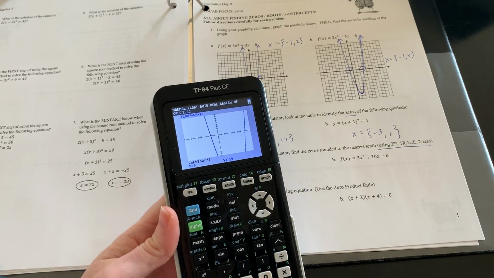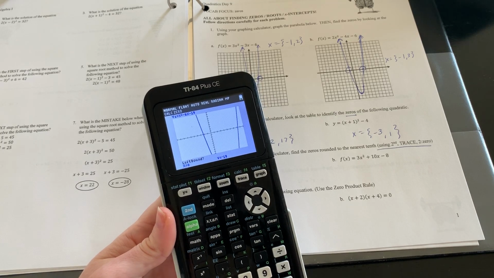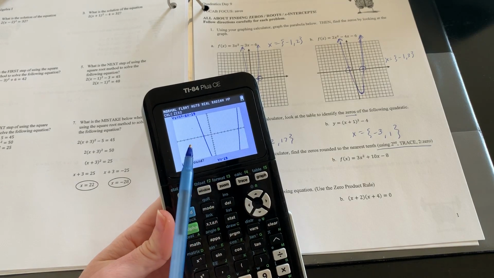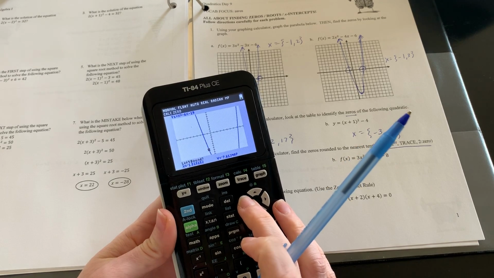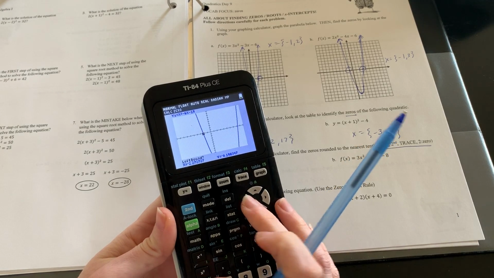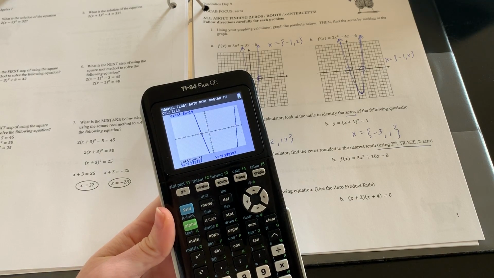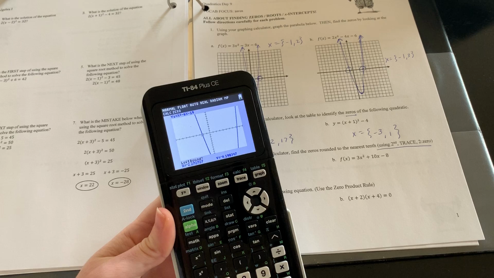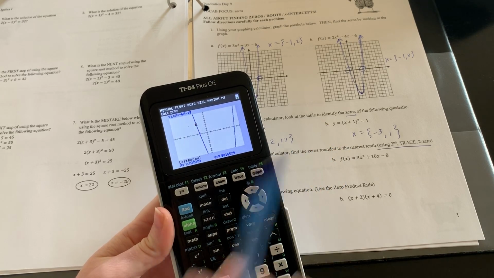Okay, now there are 2 zeros, so we need the calculator to focus in on only one spot at a time. So I'm going to focus on this one on the left first. I want to move my cursor so that it goes to the left side. So basically go to where you think the intersection is of the x-axis, where you think the root is, where you think the 0 is, and then press left a couple times.